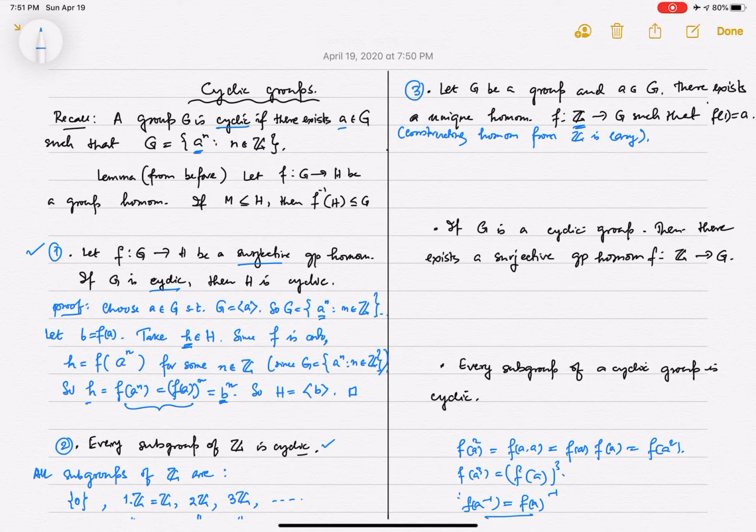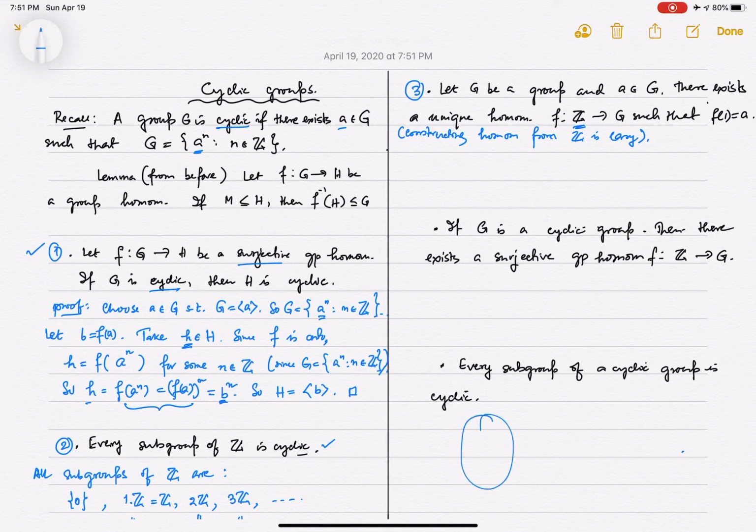Meaning all you have to say is where 1 goes. 1 is an element of Z. So to make a homomorphism from Z to some group, all you need to do is choose an element and say that I'm going to send 1 there. You can send 1 to whatever you please, and once you know where 1 goes, everything else is determined.